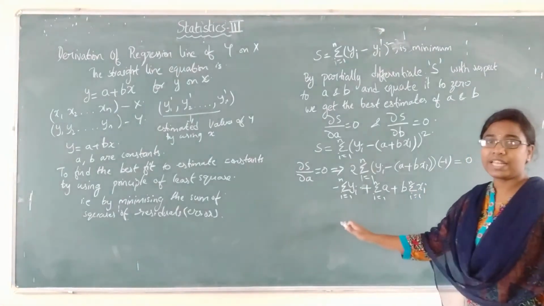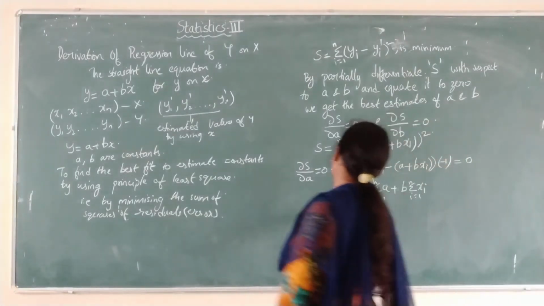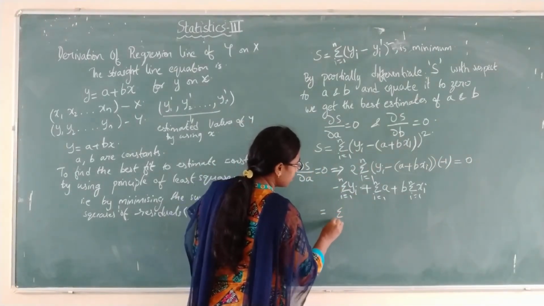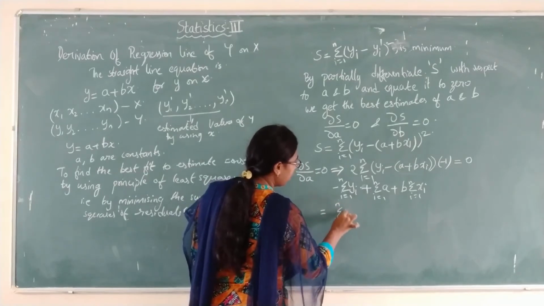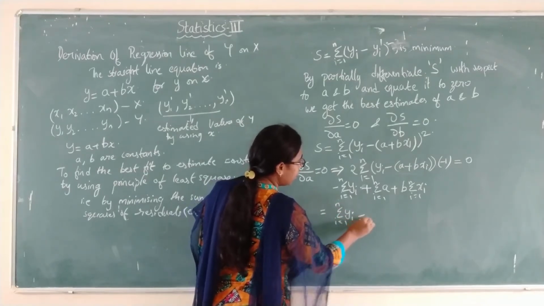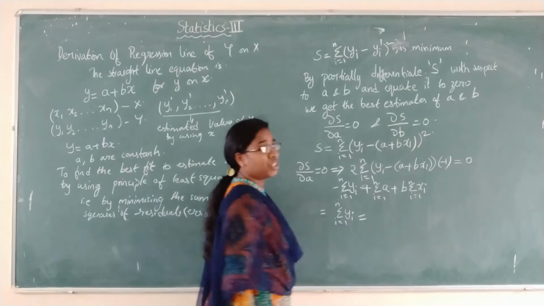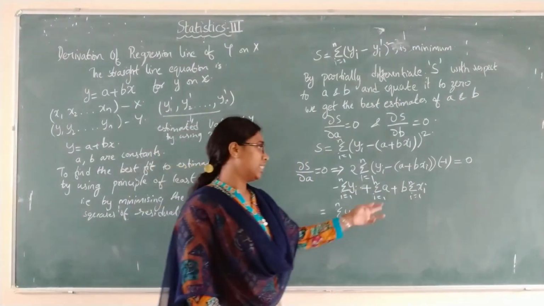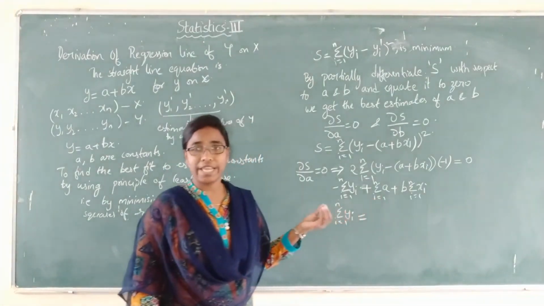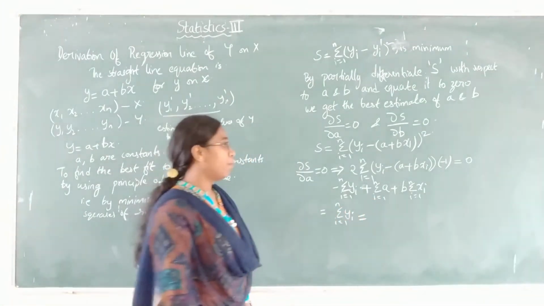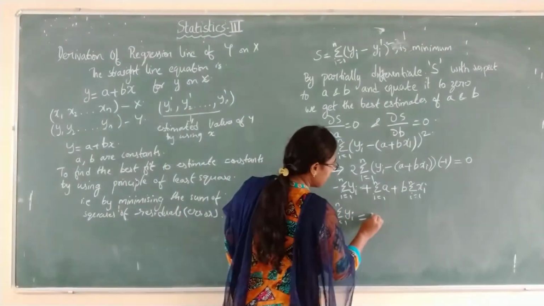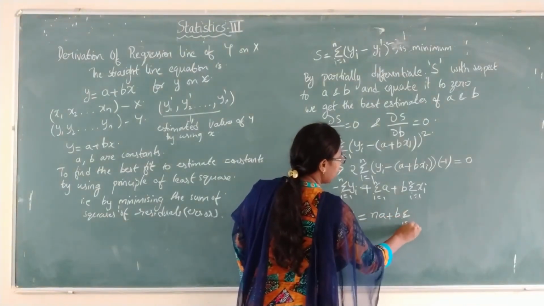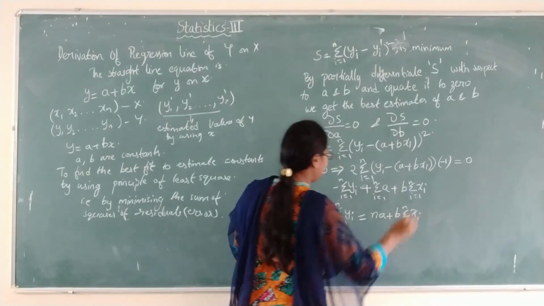Now send the negative term to that side, you will get summation i equals 1 to n yi equals, since there are no i values, I will take the summation value as n because there are total n values, that is na plus b summation i equals 1 to n xi.